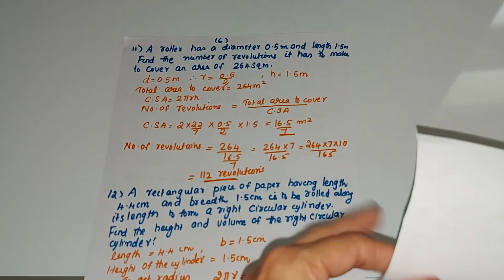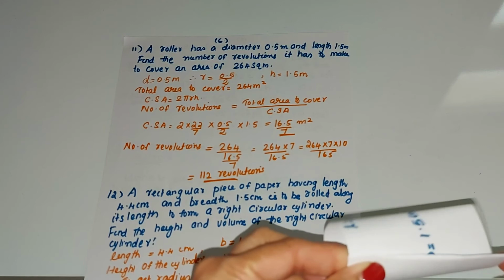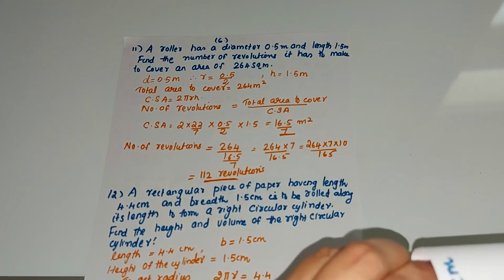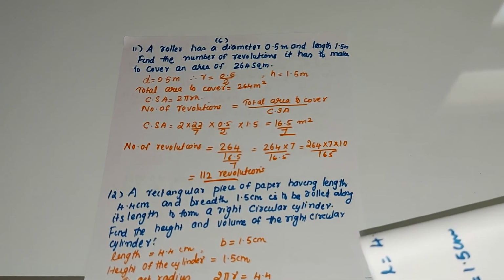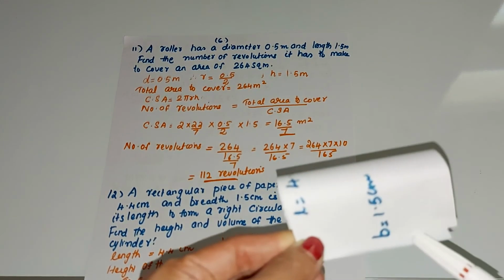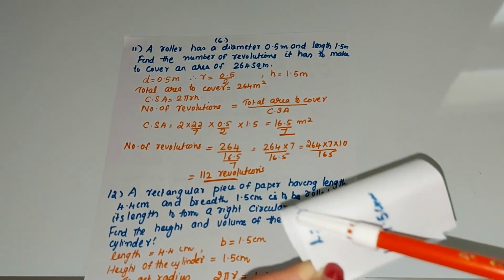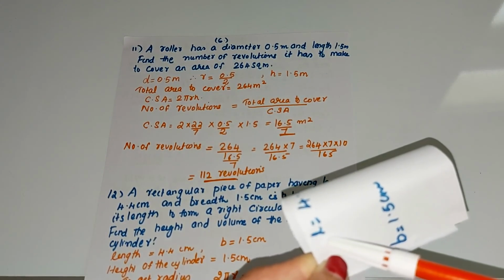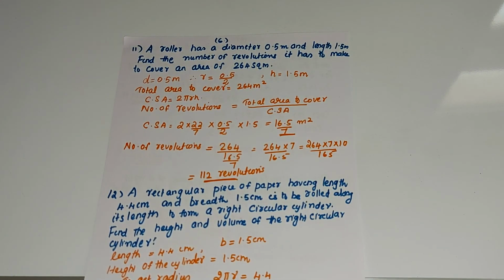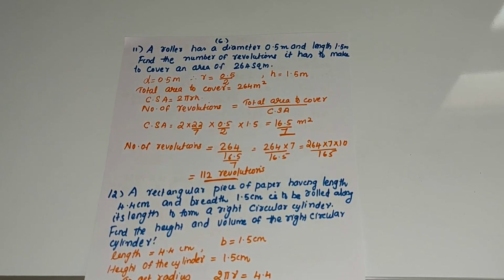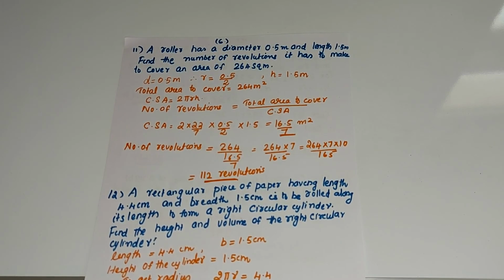So when you roll along its length, like this, here this breadth became the height of the cylinder and this length became the circumference of the circle, that means circumference of the base. So here length 4.4 cm became the circumference of the base of the cylinder, and the breadth became the height.